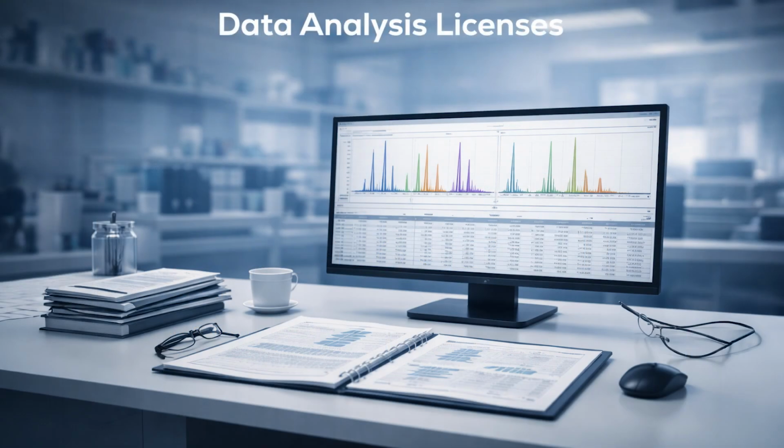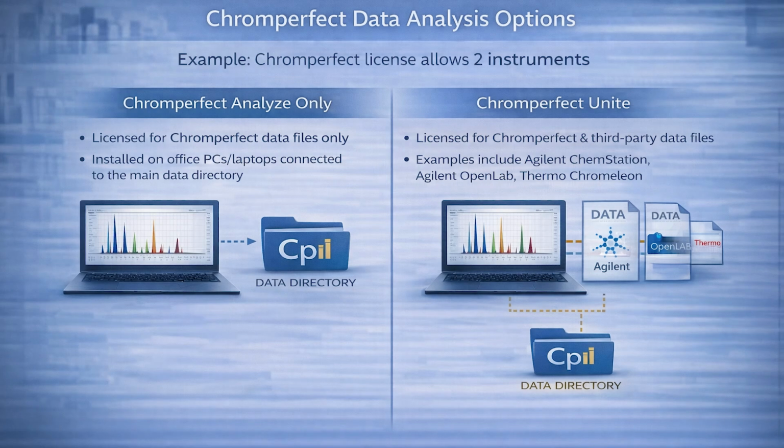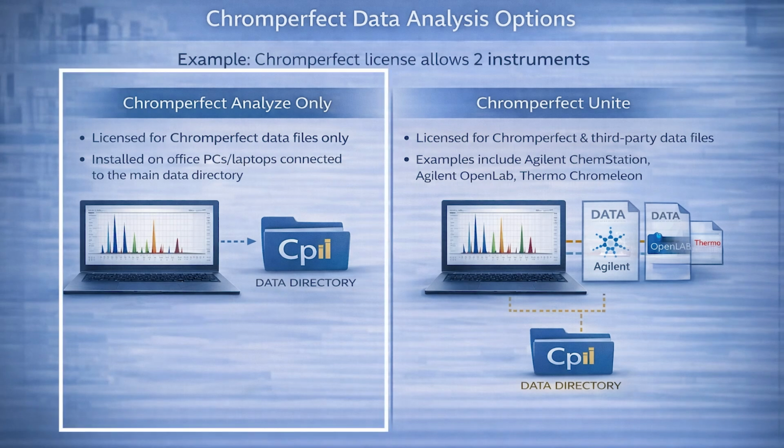In addition to full Chromperfect licenses, we also offer data analysis licenses. A data analysis license includes all data processing, analysis, and reporting functionality, but no data acquisition capability. These licenses are considerably less expensive than full licenses. There are 2 options: Chromperfect Analyze Only.